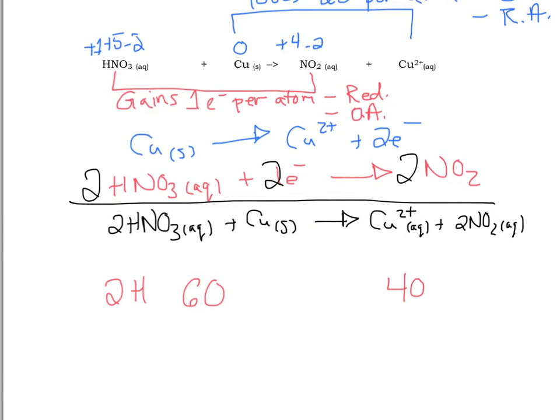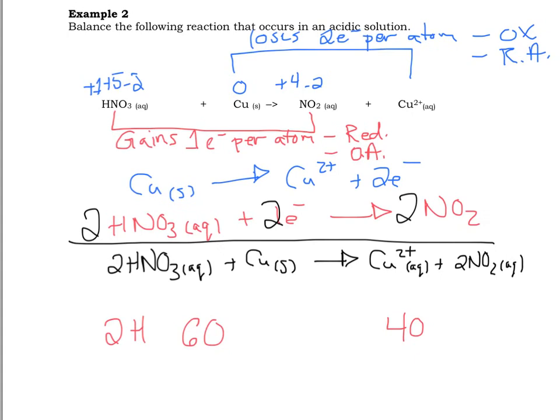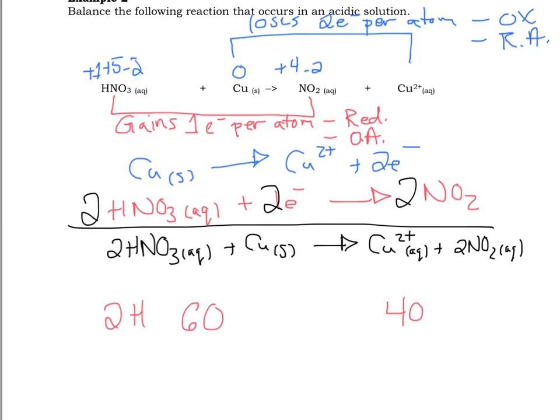And you'll notice that there are 6 oxygens on the one side and 2 hydrogens on that side as well. So the reactants have 2 hydrogens, and the product side has only 4 oxygens. So the way to finish this balancing off is, if we look up in the question again, this is occurring in an acidic solution. We know it's in a solution also because of the aqueous present. The acidic part tells us that we're going to be able to add hydrogen ions to balance off the hydrogens.